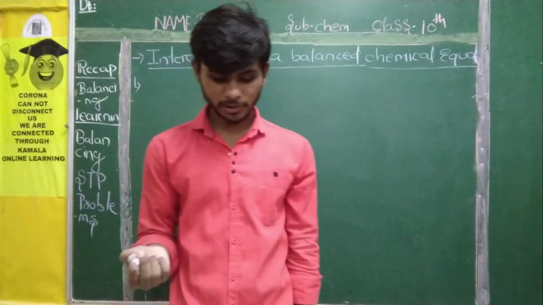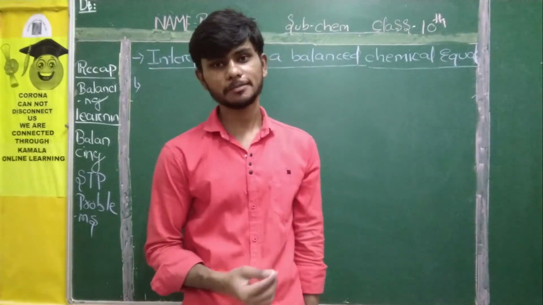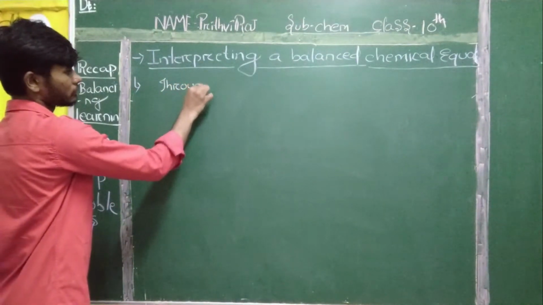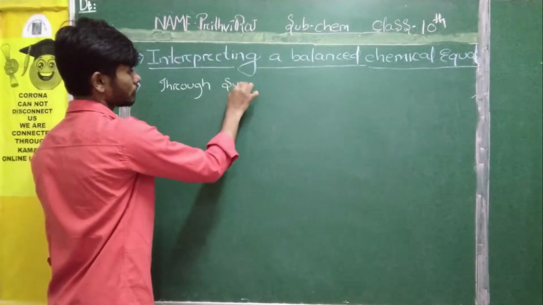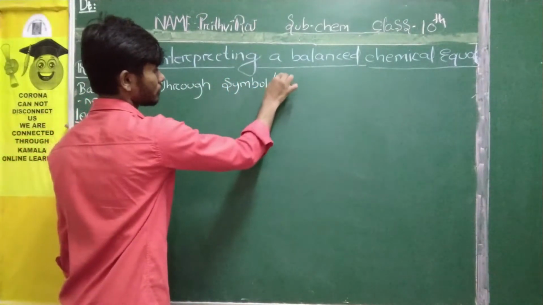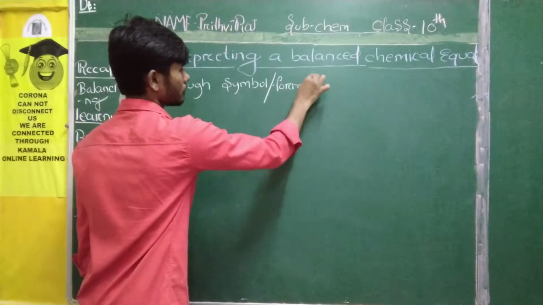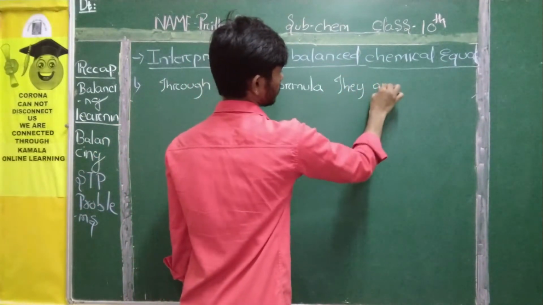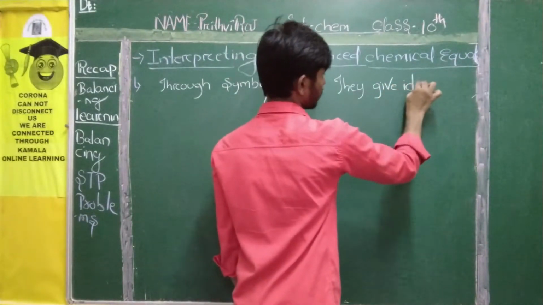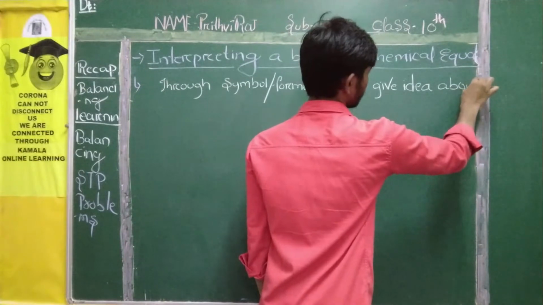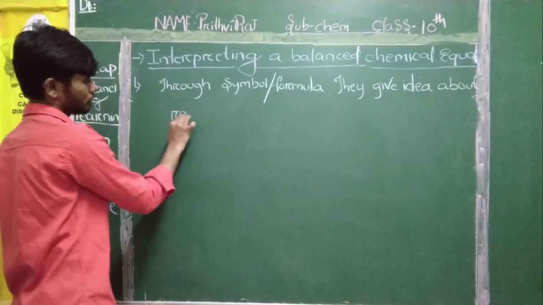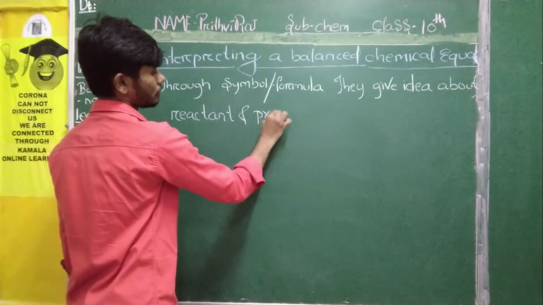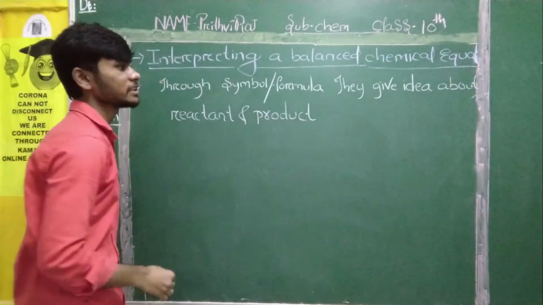A chemical equation gives information about the reactants and products through their symbols and formulas.